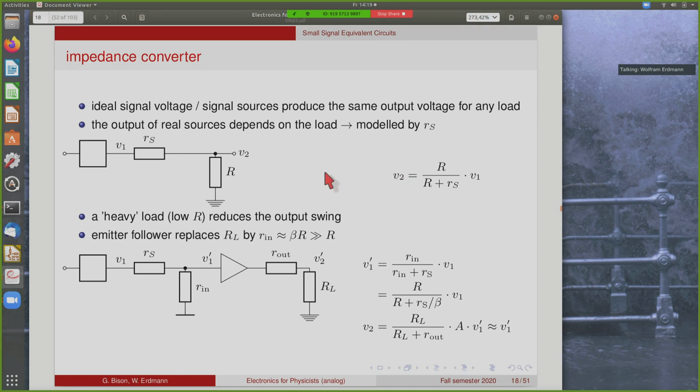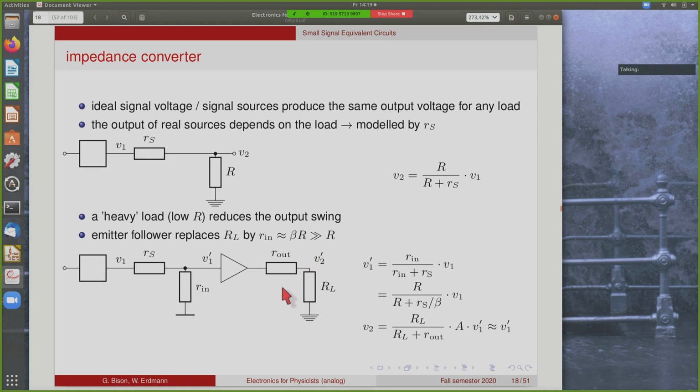So the output voltage here is reduced by some factor. So when you have a heavy load, which is a small resistance or a low impedance, this will reduce the output swing.